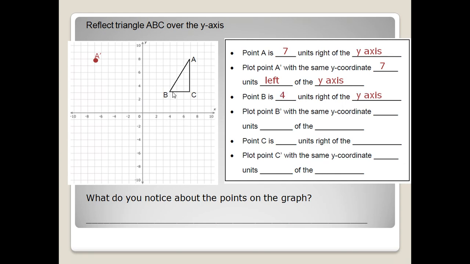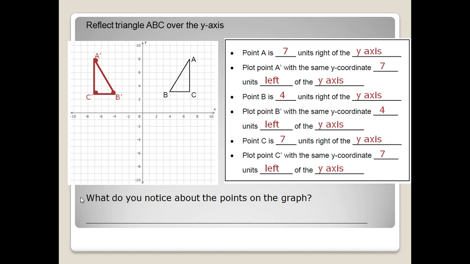So our new B would be with the same y coordinate, which is 4 units, now left of the y-axis. We'll plot our point. And point C is 7 units right of the y-axis. We know that because we looked down at what our x value is, or we counted. And now we'll go left of our y-axis, and that's going to be 7 units left of our y-axis. Plot our point, draw our triangle.